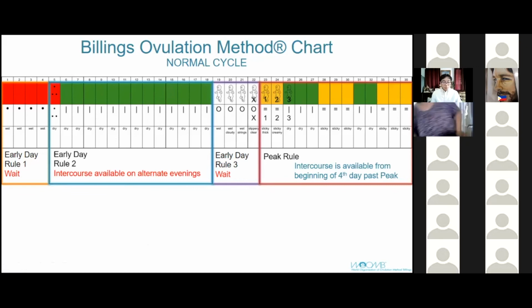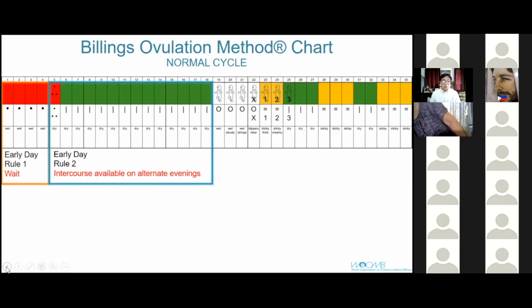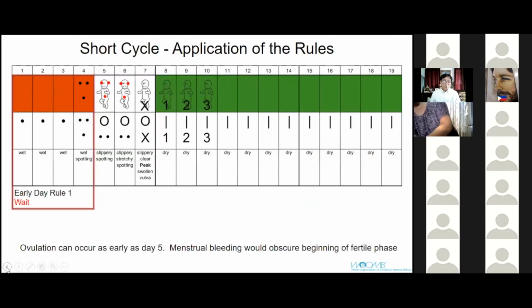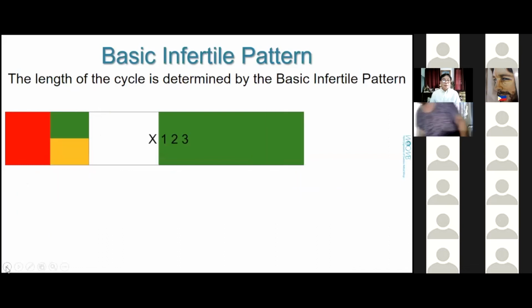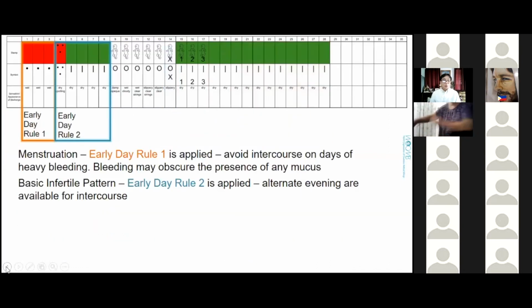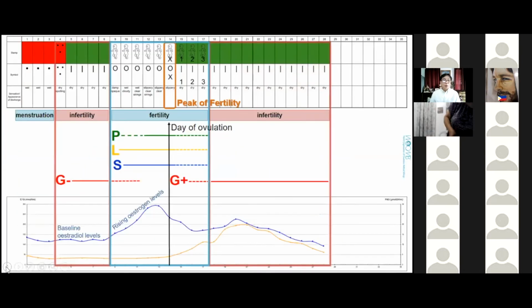So this last session for today is all about the correlation of the works of Doctors John and Evelyn Billings together with Professor James Brown and Eric Odeblad. The additional slides are simply a review of the rules of the Billings ovulation method.